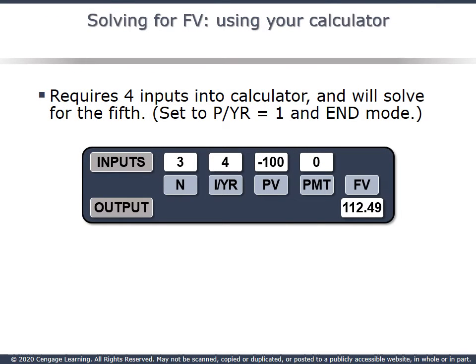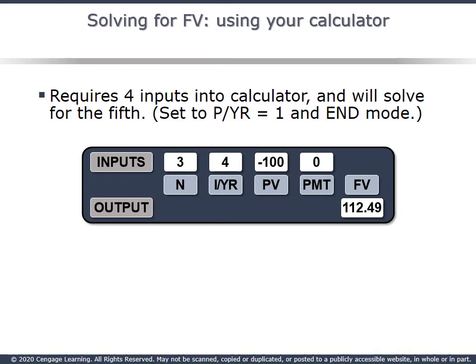So it's important for us to know what each variable in our problem is. Our time period is 3. Our interest rate is 4. Our present value, what is in our possession today, is $100.